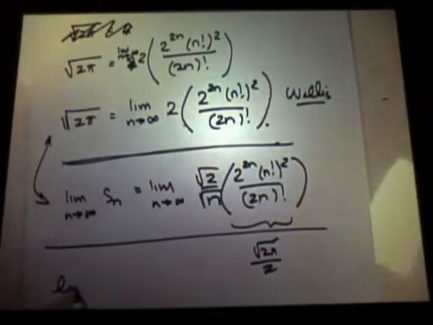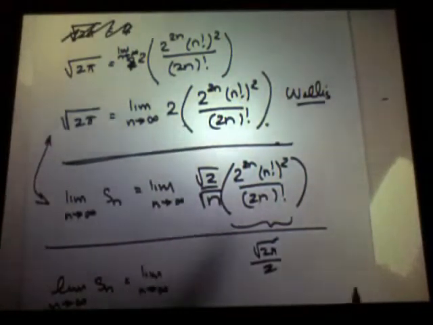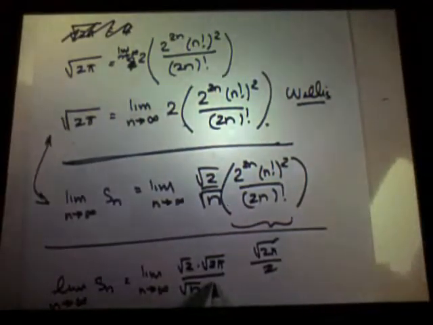So the limit as n goes to infinity of the S_n is the limit as n goes to infinity of square root of 2 times the square root of 2 pi over the square root of n times 2.